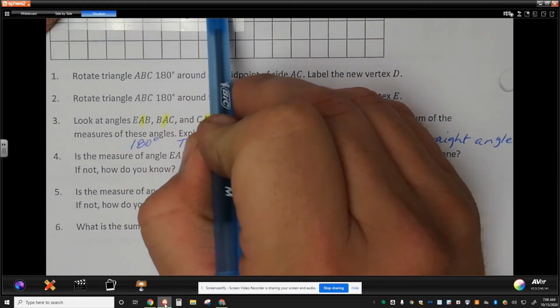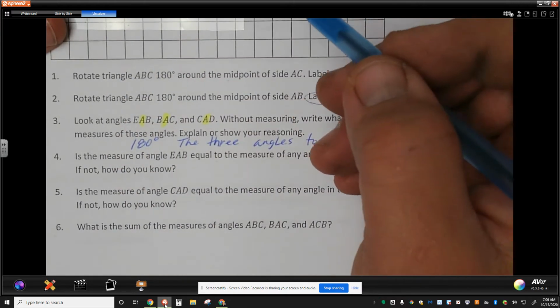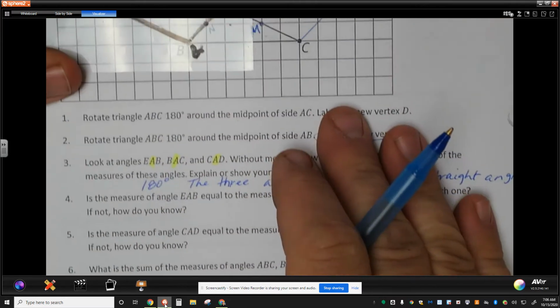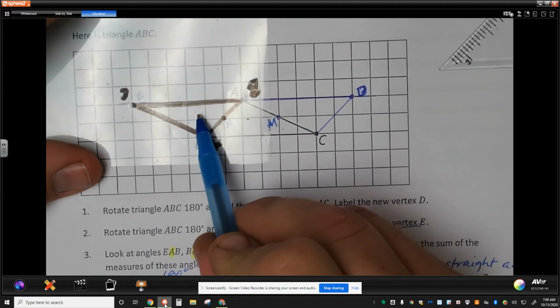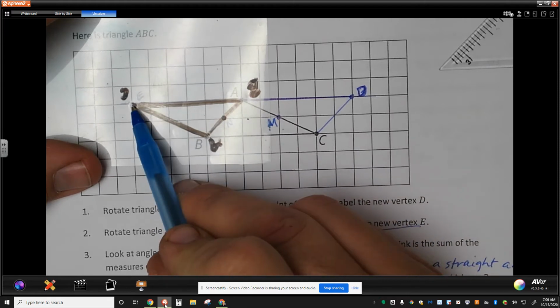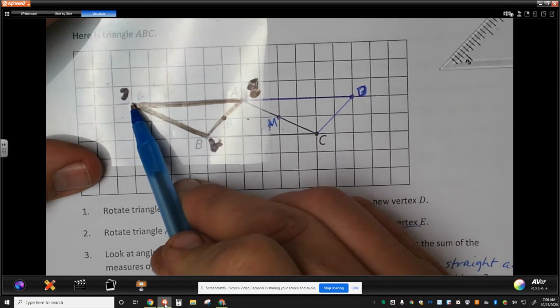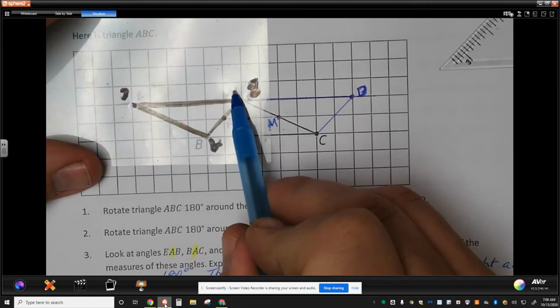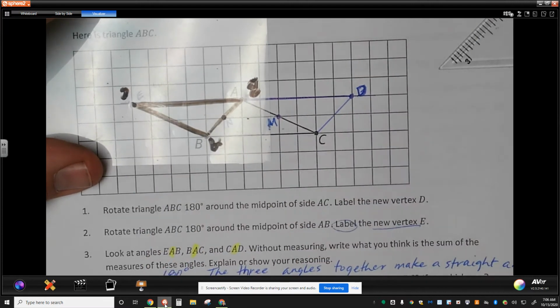Therefore, angle EAB would be the same thing as angle ABC, because we used a rigid transformation. You can see that here in our picture, since I know that this triangle right here came from this triangle right here. I see that when I keep my image over top of it, I can see the overlap: angle EAB is the same thing as angle CBA or ABC, whichever one you want to call it.